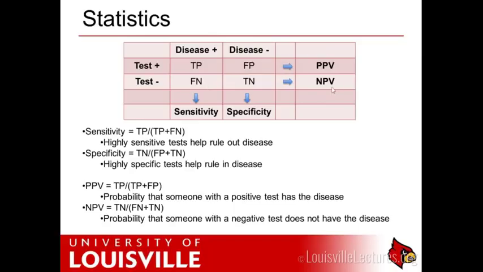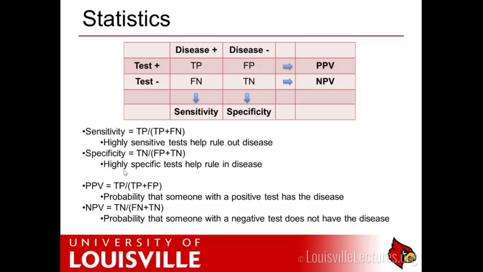So these are concepts that we're all familiar with. Highly sensitive tests help to rule out the disease, and highly specific tests help rule in disease. And when looking at the positive predictive value, you're basically adding up all those positive things. So you have the total true positives over the total true positives plus false positives, so that gives you the likelihood that someone with a positive test has the disease.